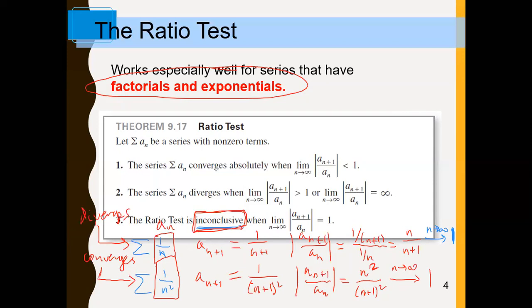All right, so the question is, in case 2, where the limit of the ratio of consecutive terms is bigger than 1, would that fail the nth term test? Maybe. I could cook up examples where you still get it to go to 0, or at least get the limit to not exist.